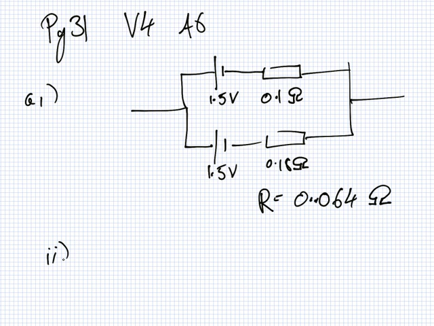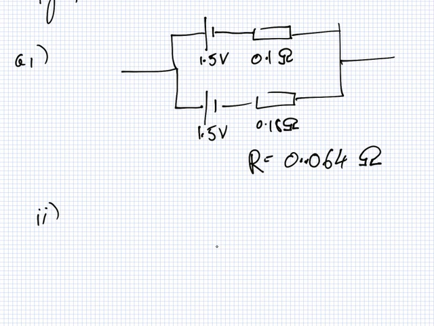What is the terminal potential difference when the parallel combination is connected across a 4 ohm resistor? So what you do now is you connect this across a 4. So let me just redraw this. Yes, my spider senses are telling me something is peculiar here.